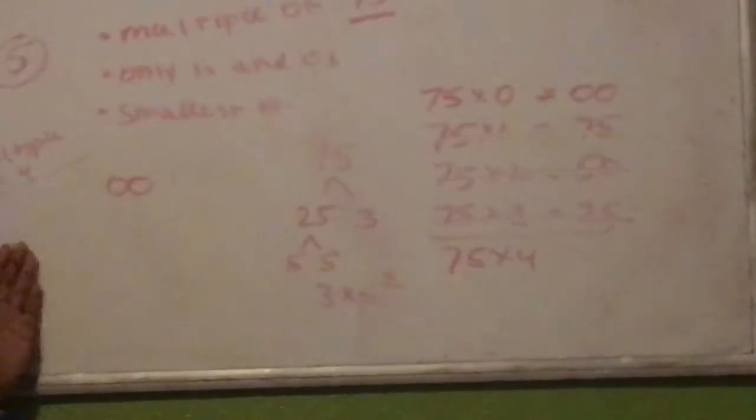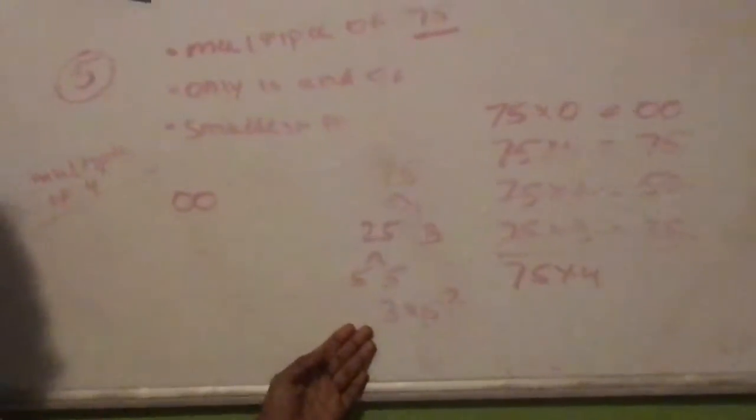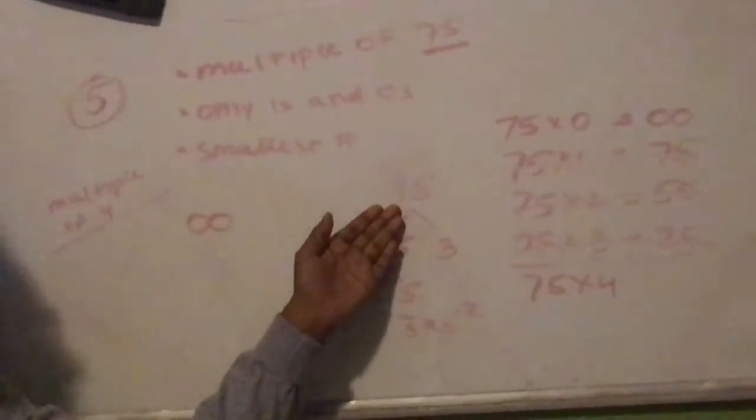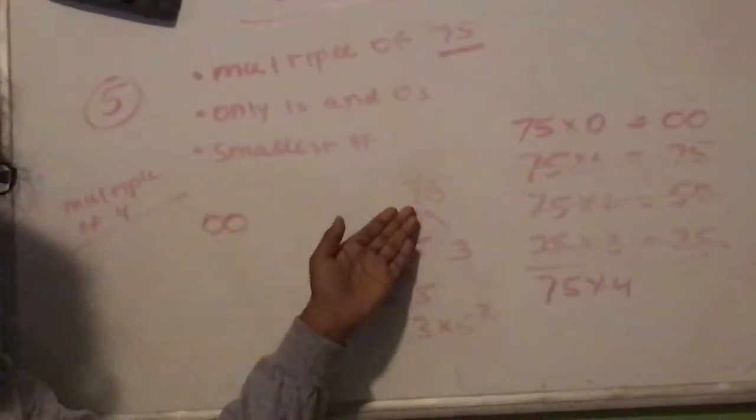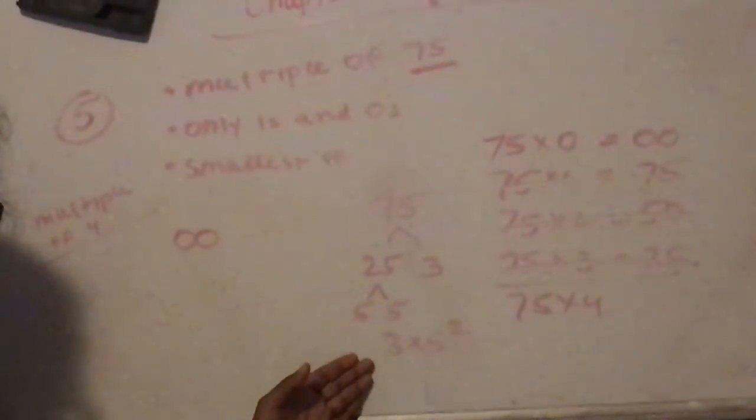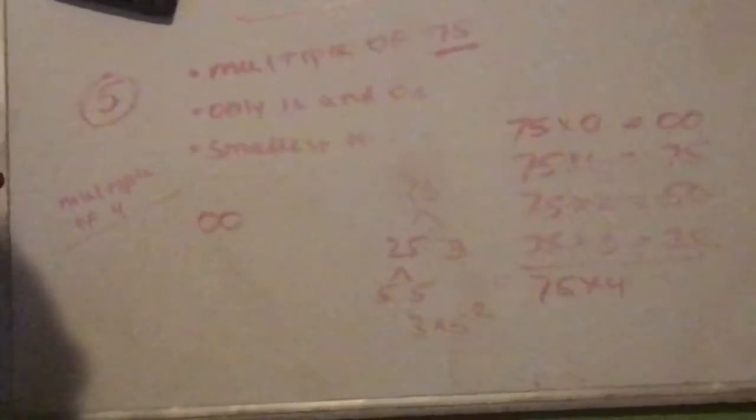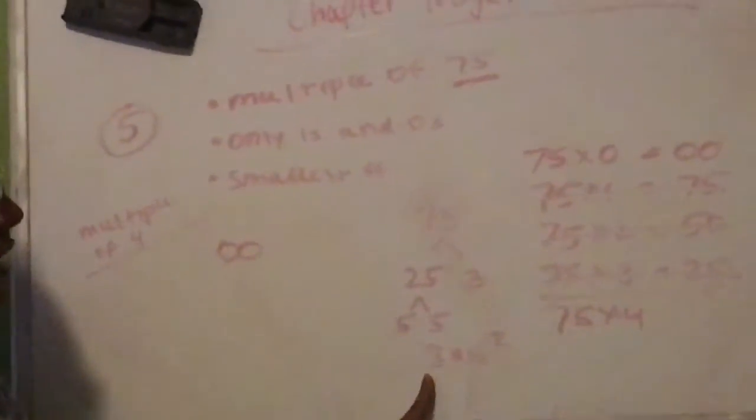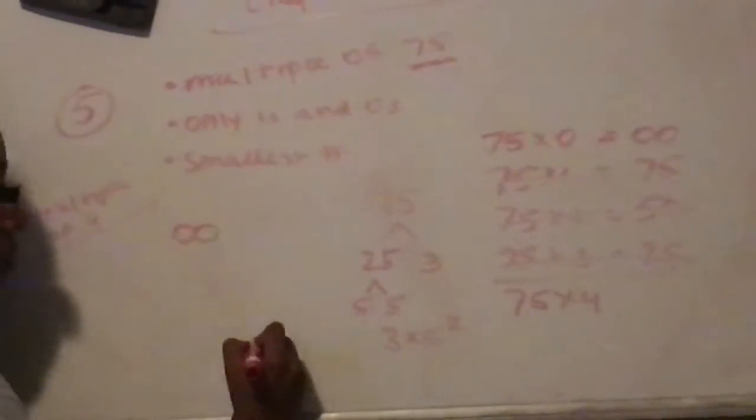We know that this number has to be a multiple of 3 because it has to be a multiple of 75, and 75 is a multiple of 3. Therefore, the only numbers that will give me a multiple of 3 are 1, 1, and 1.